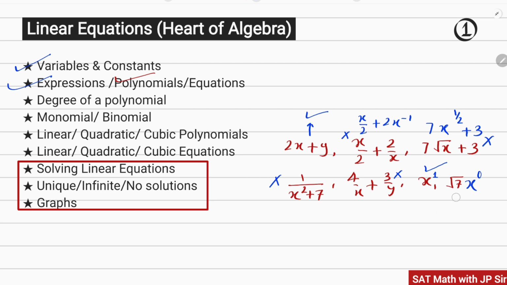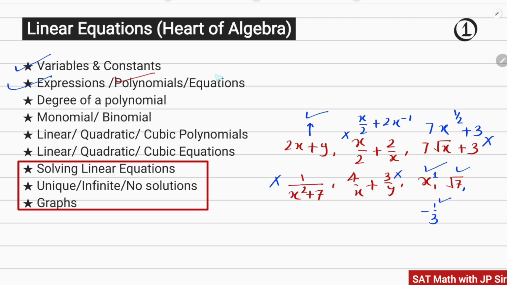So if you just have a constant, it is also a polynomial. If you just write 1 upon 3, it is a polynomial. Although it will be called a constant polynomial, we will come to that part later on. I hope you have understood the difference between an expression and a polynomial. Basically, all polynomials are expressions, but not all expressions are polynomials.